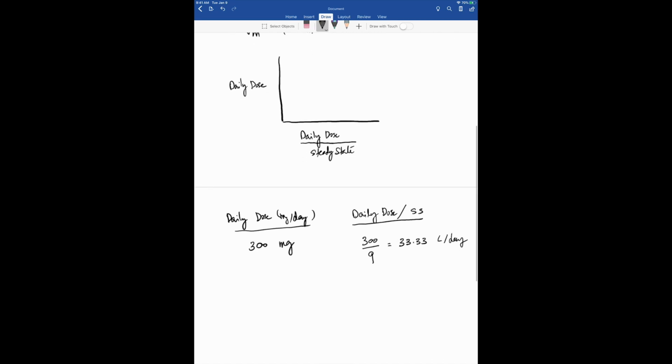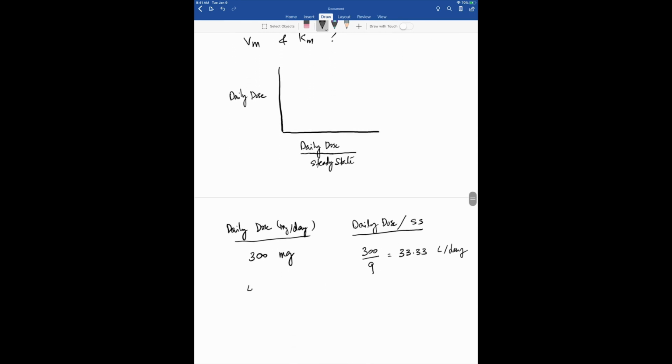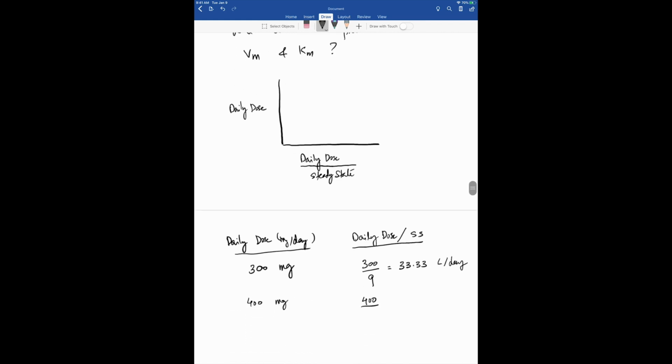Then when the daily dose was 400 milligrams, 400 divided by 16 is 25 liters per day.